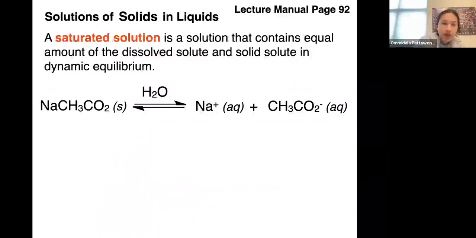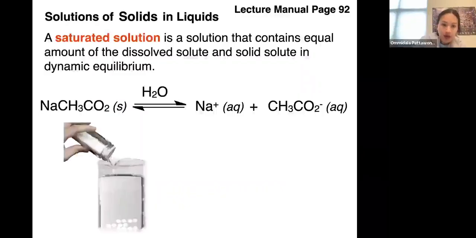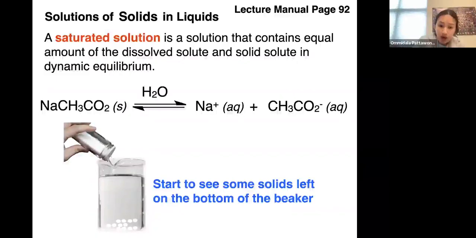Now the point where it is saturated is the point at equilibrium. At this point right here, when you add more solid to the solution, the solid will no longer dissolve. It's going to be left as solid on the bottom of the beaker.